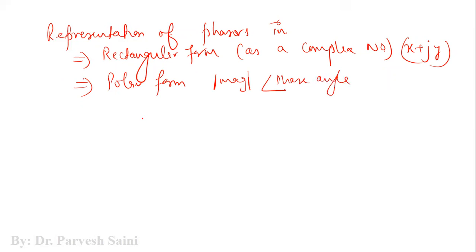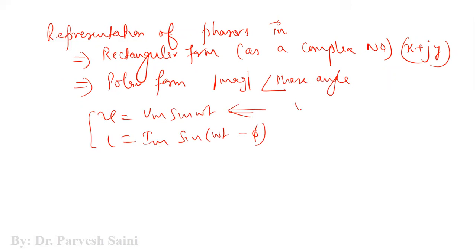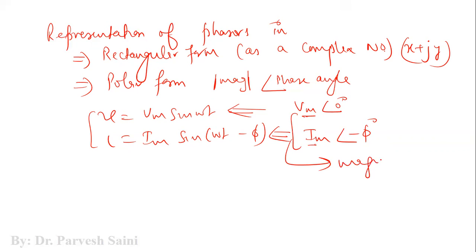Right? If you have two quantities, v is equal to Vm sine omega t and i is equal to Im sine omega t minus phi, the polar representation of voltage is Vm angle 0 degree, and of current is Im angle minus phi degree. We are taking maximum values to indicate the magnitude here.